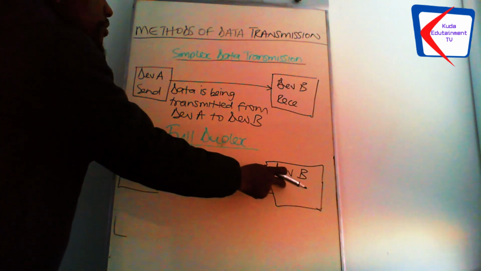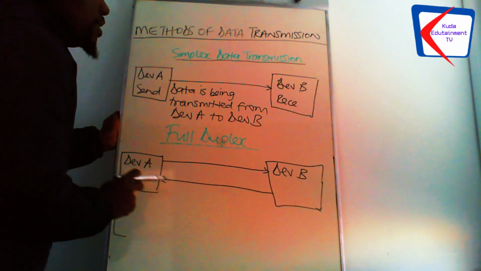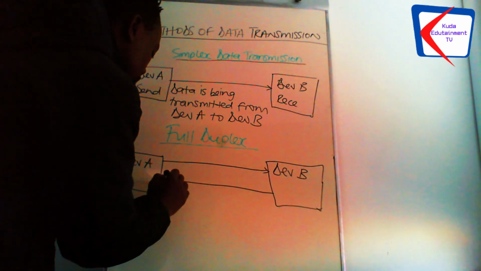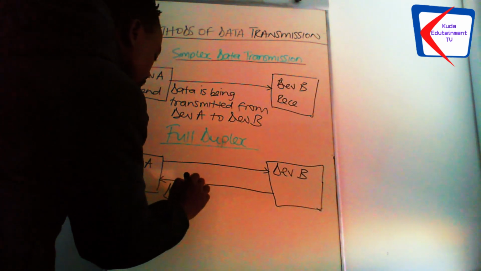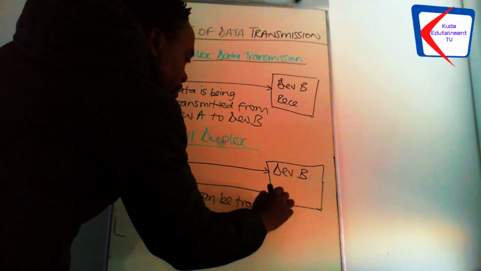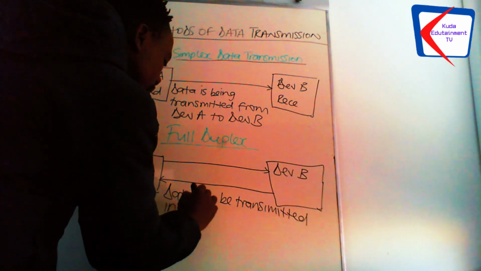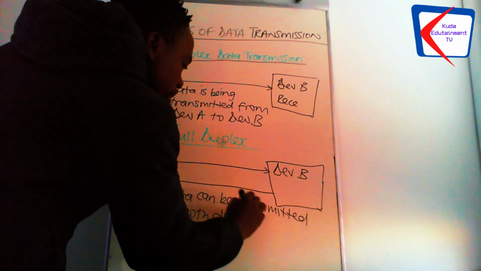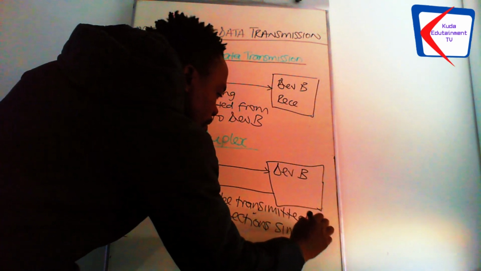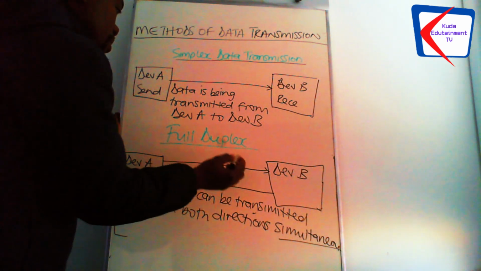The first arrow is pointing to device B, then the second arrow is pointing to device A, meaning data can be transmitted in both directions simultaneously.